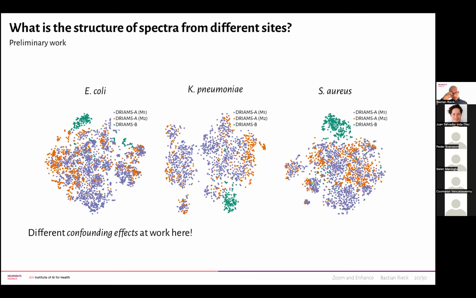Exactly. So first of all, let me answer the question in the reverse order, essentially. These effects were also the reason why we opted for doing all experiments in the paper that I showed you only on a single site. Essentially, what we do with this paper is we provide the data set as an individual source of MALDI-TOF mass spectrometry, hoping to make it possible to develop new machine learning algorithms for AMR prediction.